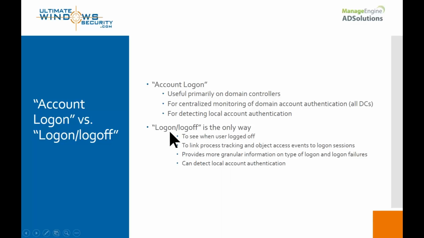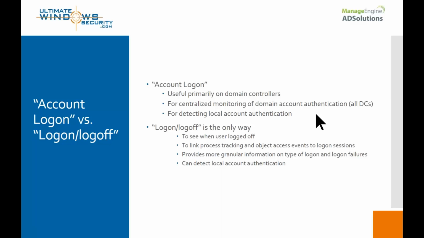Plus, here's the other thing. Logon, logoff events give us better information on, number one, the type of logon and the logon failure. So if you're only looking at account logon events on your domain controllers, you can see that Bob logged on somewhere. And depending upon the scenario, you may be able to see, okay, Bob was at this computer? Maybe, maybe not.